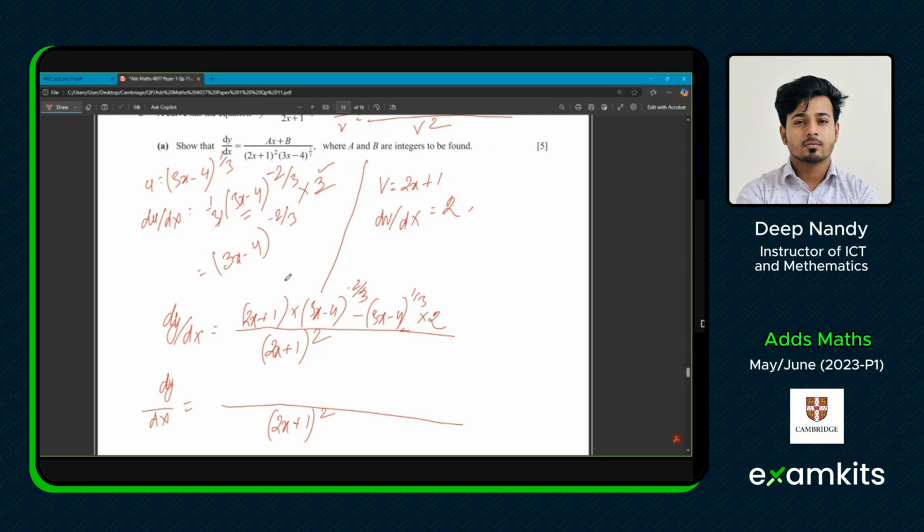So we're going to take common of 3x minus 4 to the power 1 by 3, so minus 2 by 3 and 1 by 3 equals to minus 2.